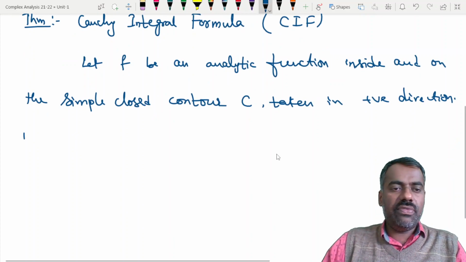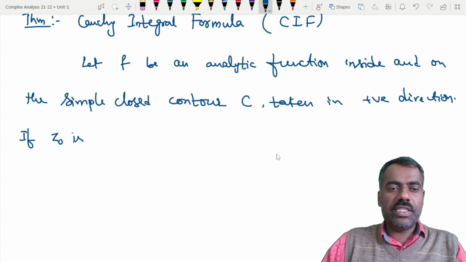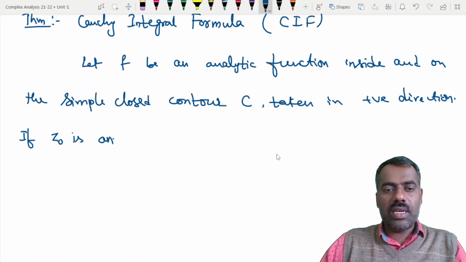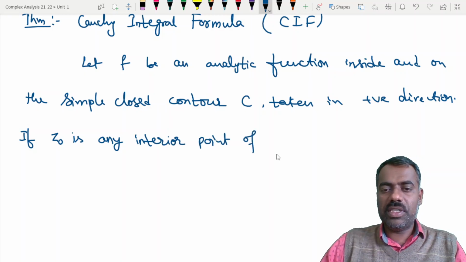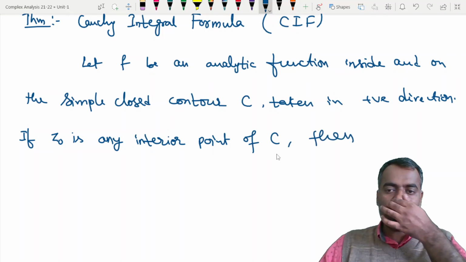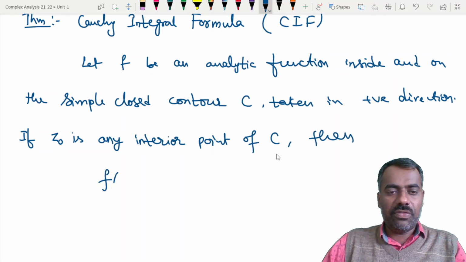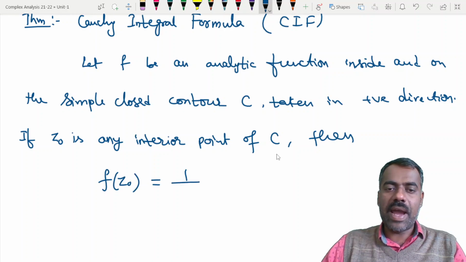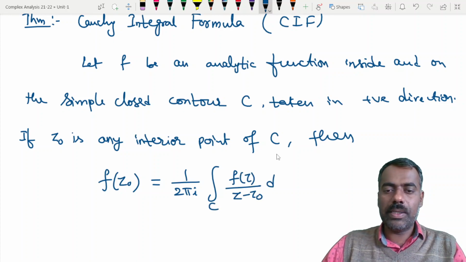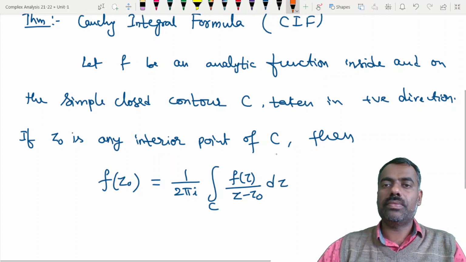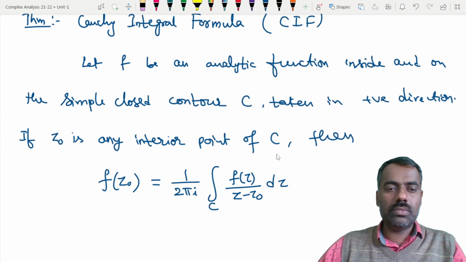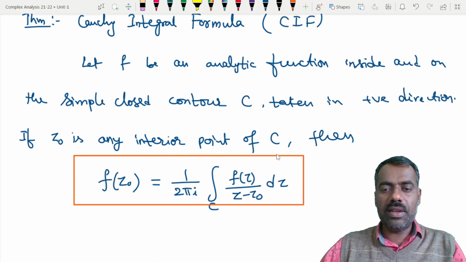Now, if z naught is any interior point of C, then the value of f at z naught is 1 by 2 pi i times the integration of f of z upon z minus z naught over C. This is what we call the Cauchy integral formula.